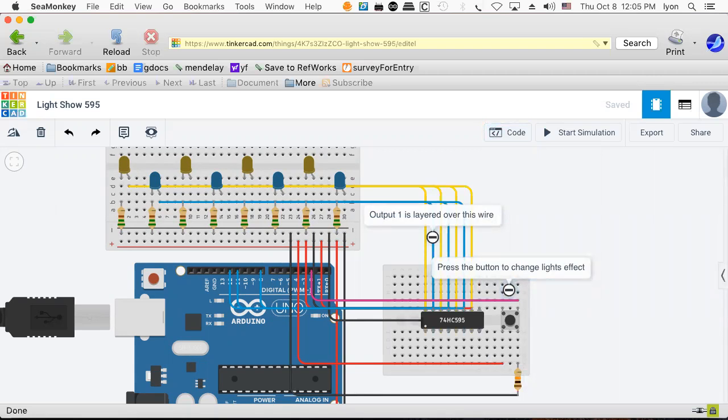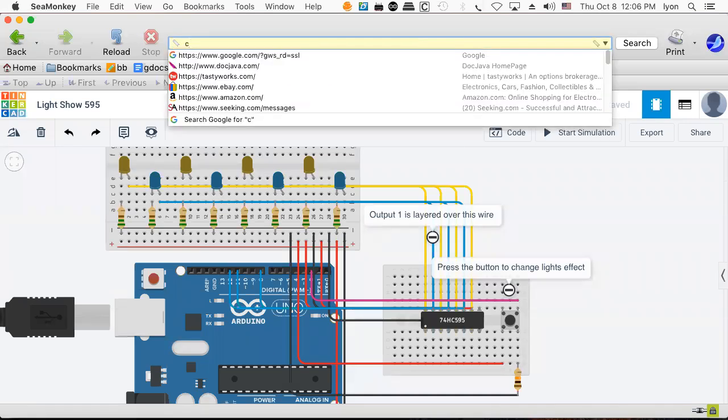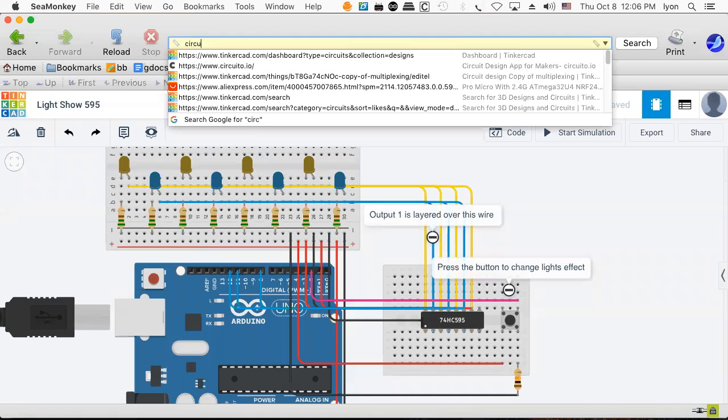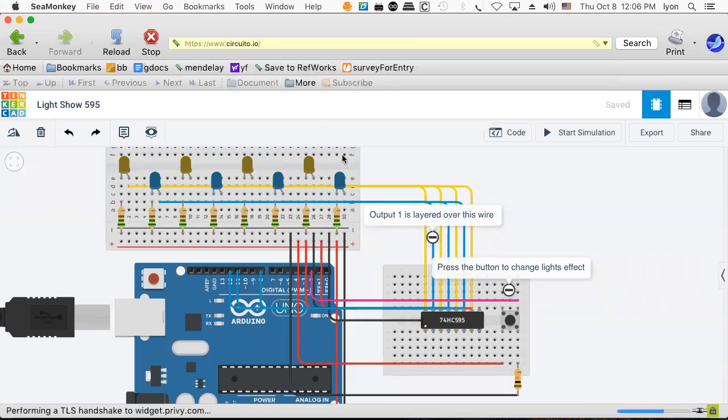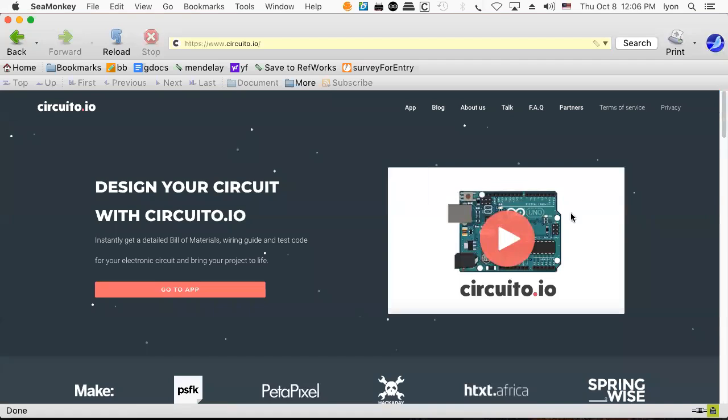I don't want to diss it, but it does have, how can I say, blemishes. There's another one which doesn't do the simulation, and it's called Circuit IO. And this guy has a lot of cool factor in it.